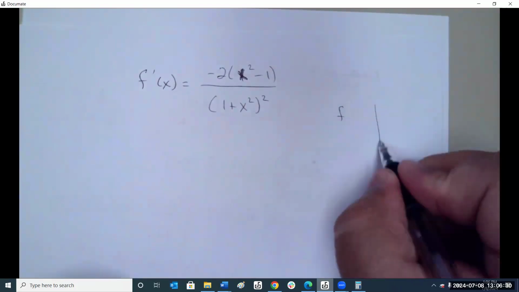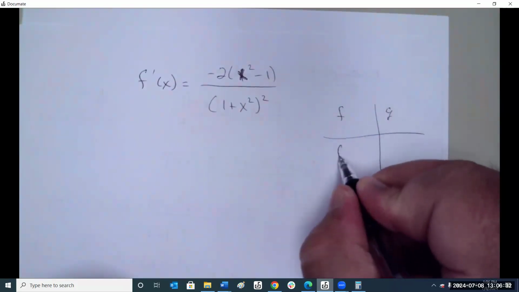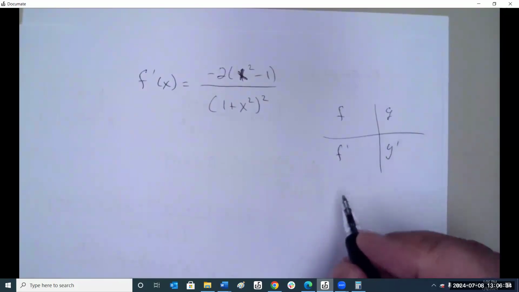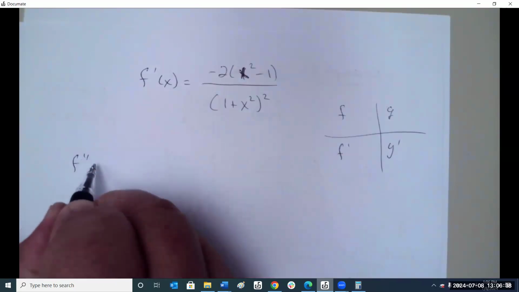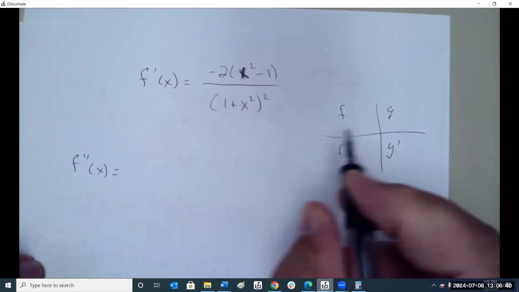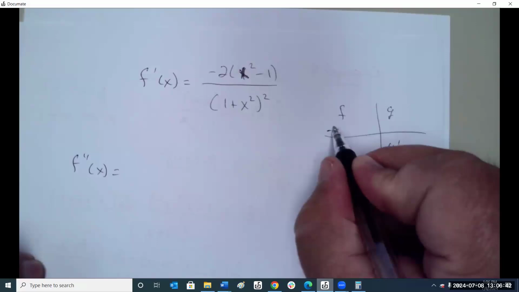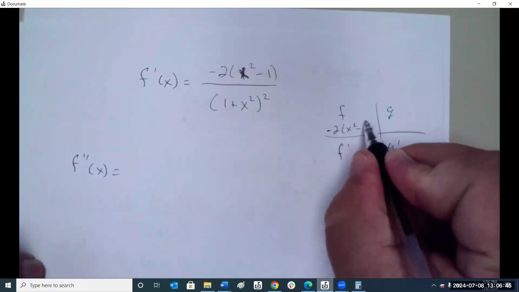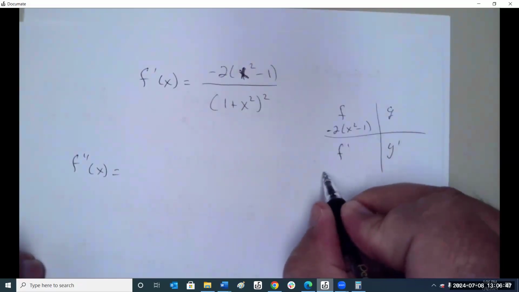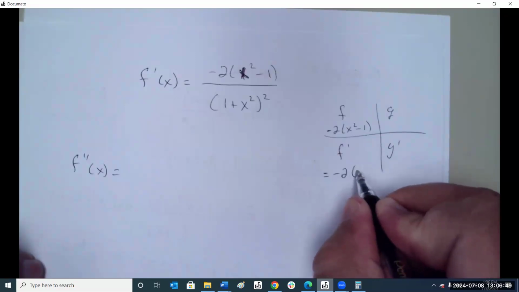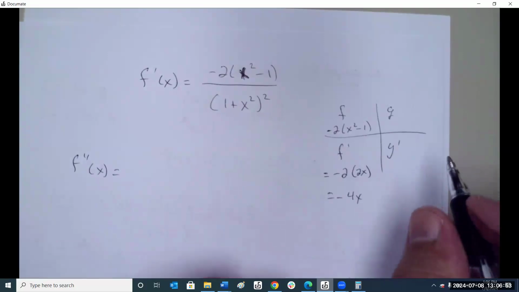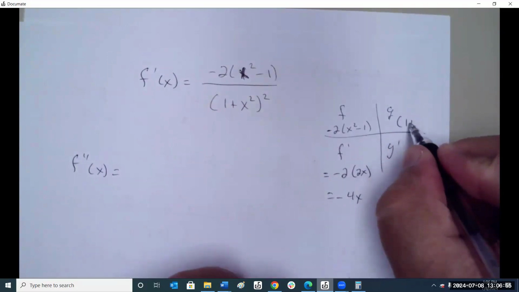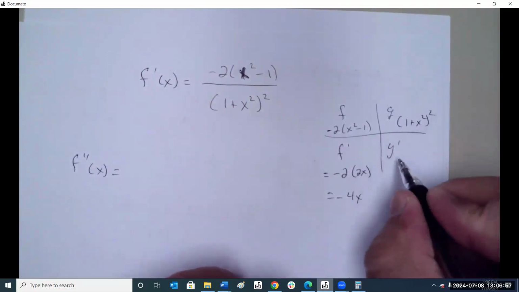So we have f, g, f prime, g prime. So second derivative, negative 2x squared minus 1, negative 2x, it's x squared squared.